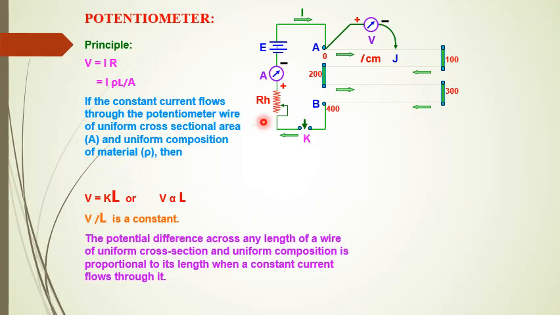Now the basic principle of potentiometer is, if a constant current flows through the potentiometer wire of uniform cross-sectional area and uniform composition of material, then V is equal to IR, which is I rho L upon A. From this we can write V is equal to K into L, or V is proportional to L. Now V upon L is a constant. The potential difference across any length of a wire of uniform cross section and uniform composition is proportional to its length when a constant current flows through it.